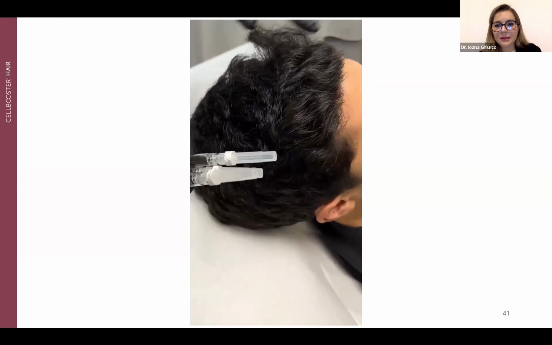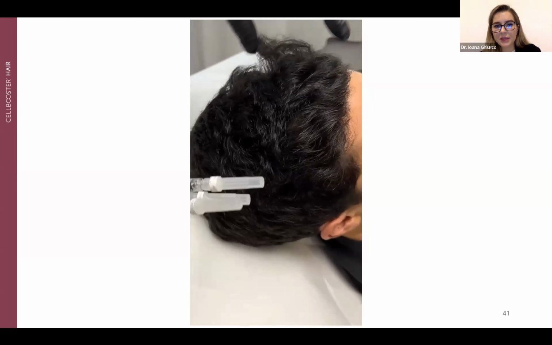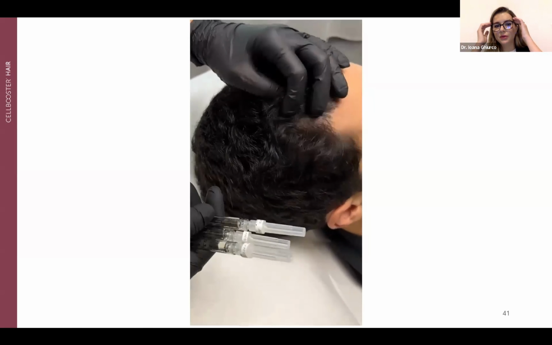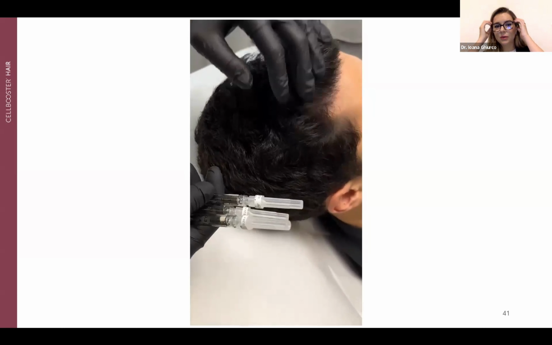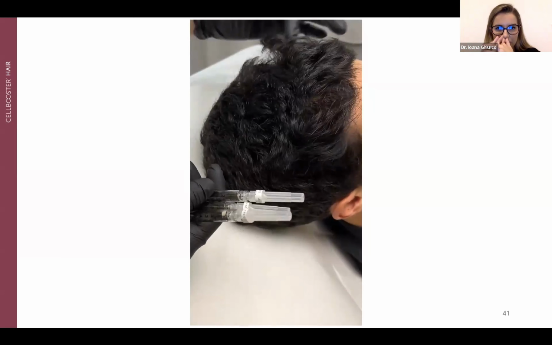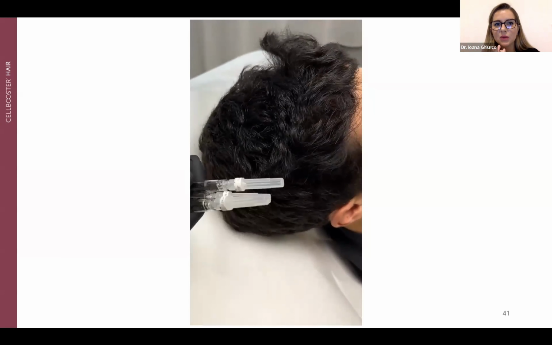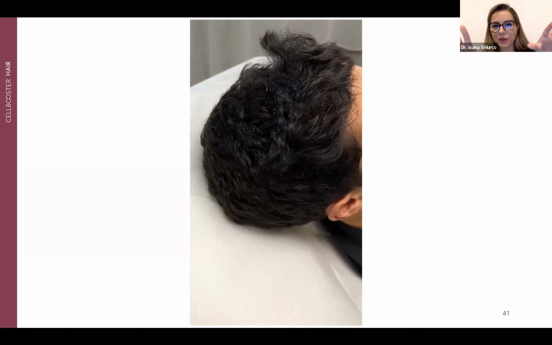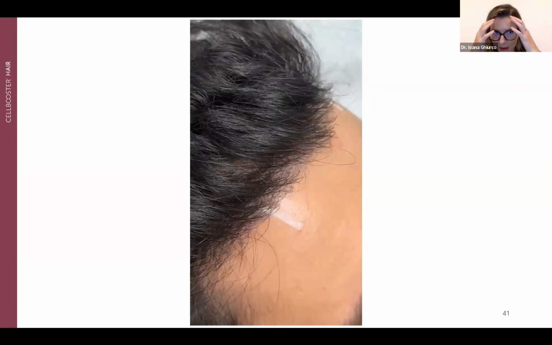The problem in this particular patient was especially in the frontal lateral zones, but also a bit in the central one. So I made my plan in order to help myself divide equal amounts of product. I just made some marks on the skin.